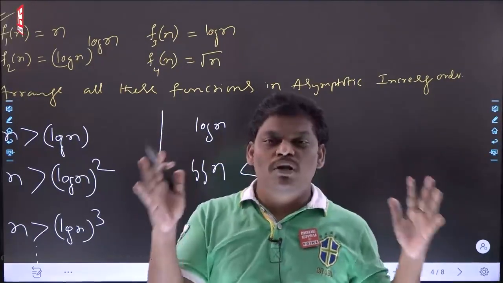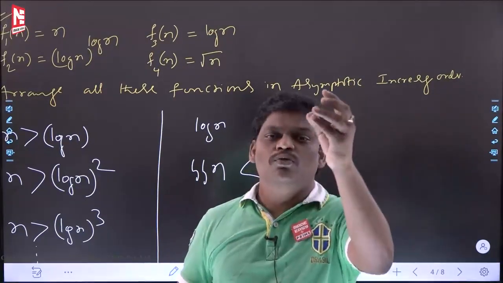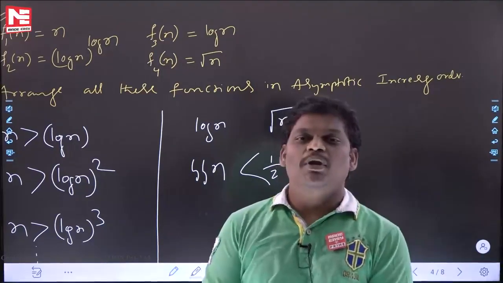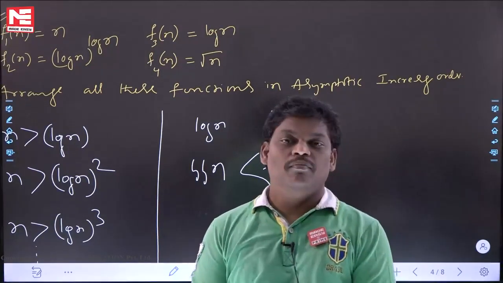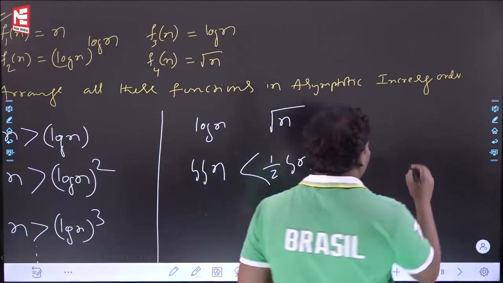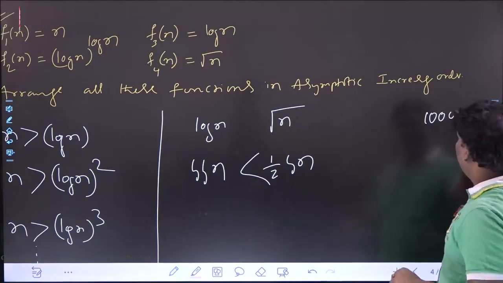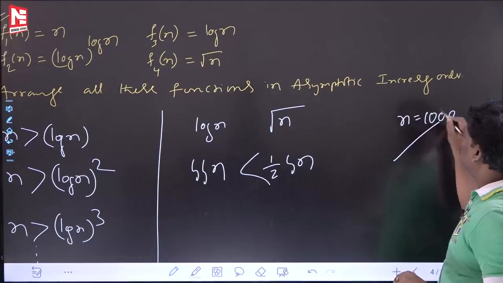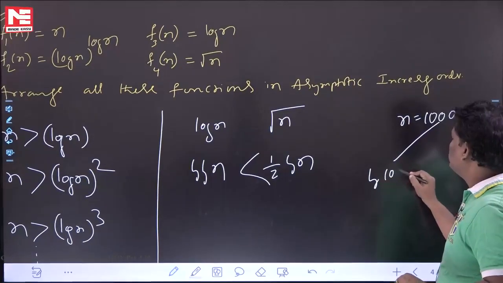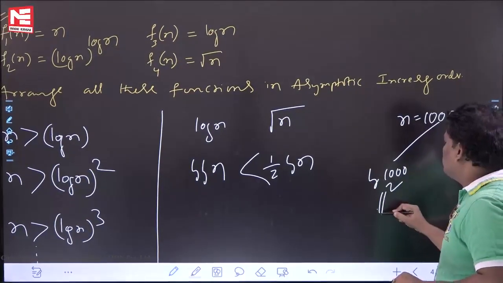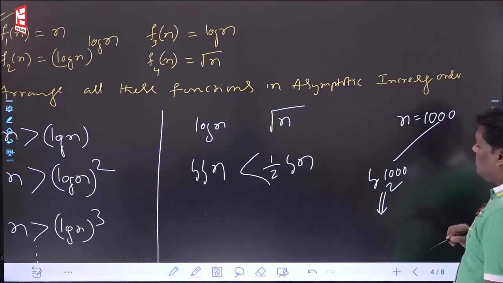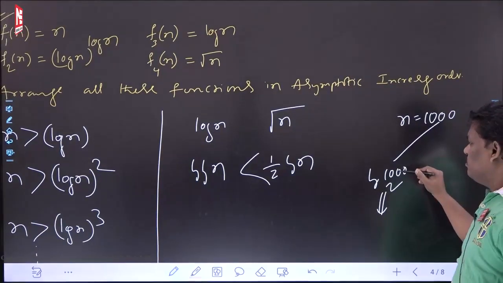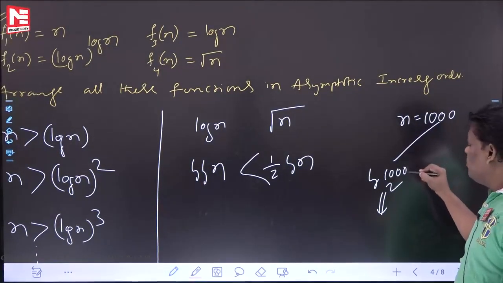If anyone has a small doubt, assume that I have n value 1000. What is log 1000 base 2? 1000 can be written as 2 power 10, which is 1024 approximately.